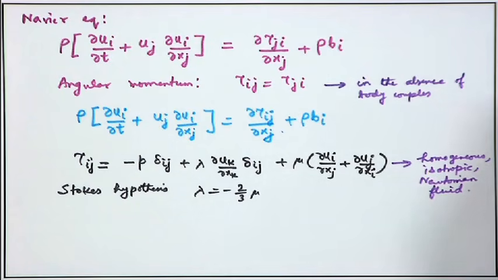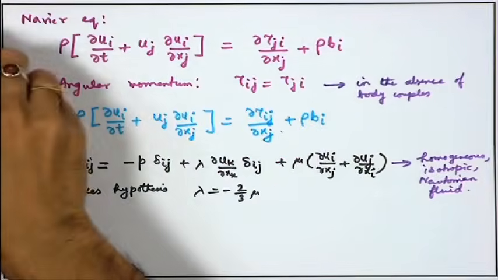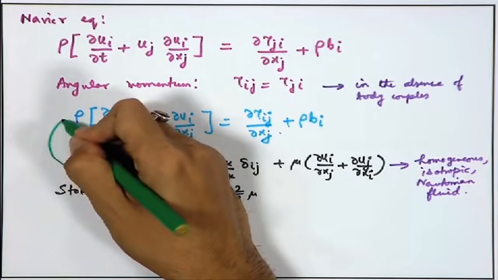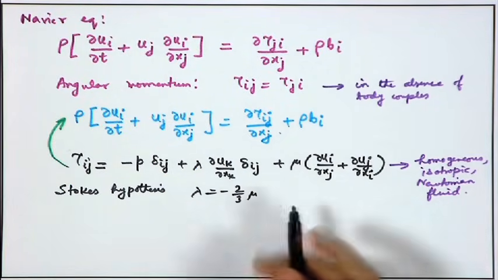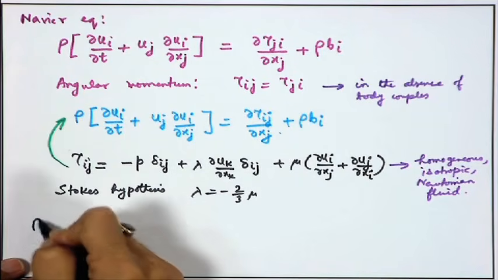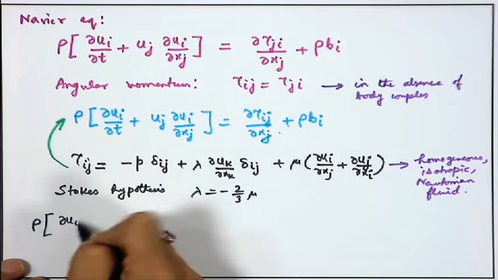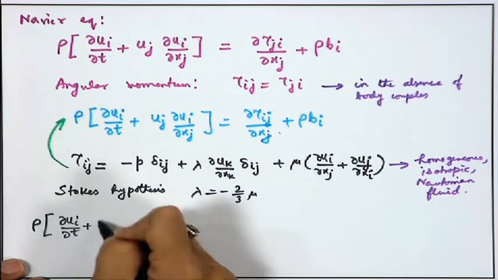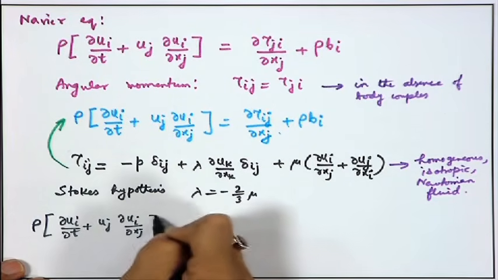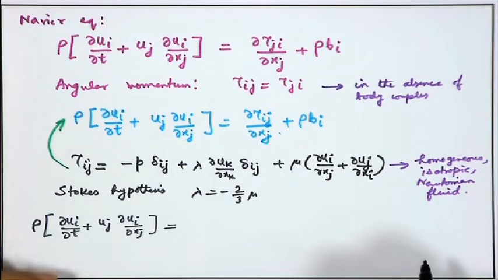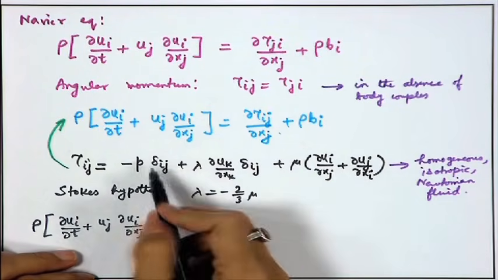So, we will substitute this equation here. If we substitute this equation here, we will get rho times del u i del t plus u j del u i del x j is equal to del tau ij del x j.